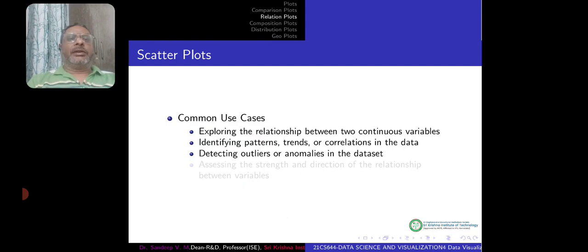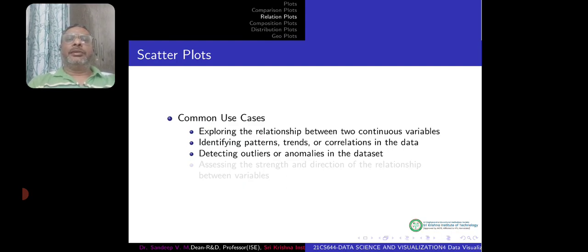And if you are trying to detect outliers or anomalies in the data set, we can use the scatter plot and see where the major points are spread out. We can look at the region where the major points are spread out, the way they are spread out, the pattern or trend and all that.